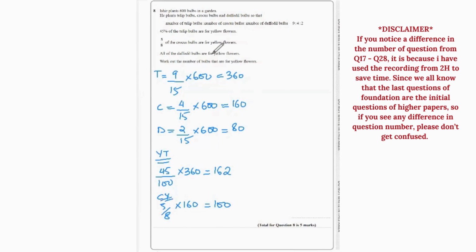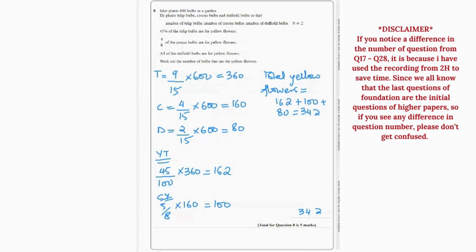And lastly, all of the daffodil bulbs are for yellow flowers, so all of these 80 are yellow. So now the number of bulbs that are for yellow flowers, that's going to be total yellow flowers equals the sum of 162, 100, and 80. That gives us 342. So that is your total number of bulbs for yellow flowers.